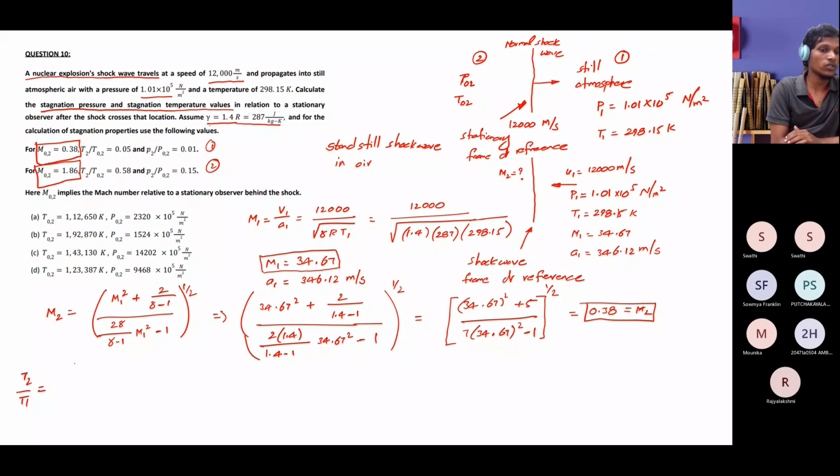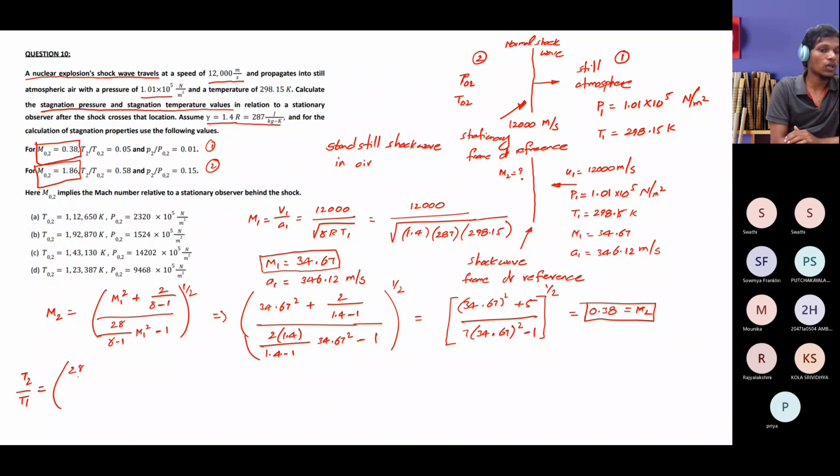Let me write this whole equation so that you will be able to understand it. T2 over T1 equals 2 gamma over gamma plus 1 times M1 squared, where M1 is the Mach number ahead of the normal shockwave, minus gamma minus 1 over gamma plus 1, plus 2 over gamma plus 1 times M1 squared.